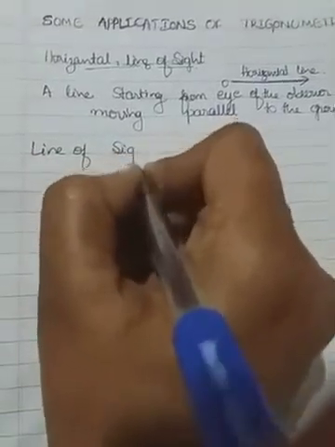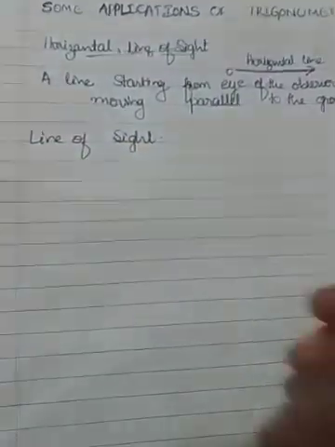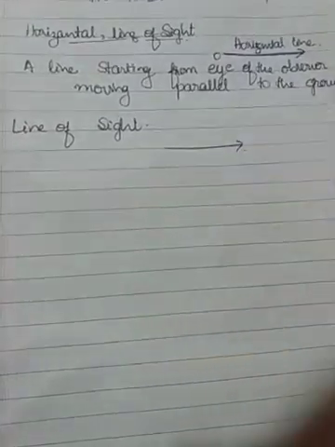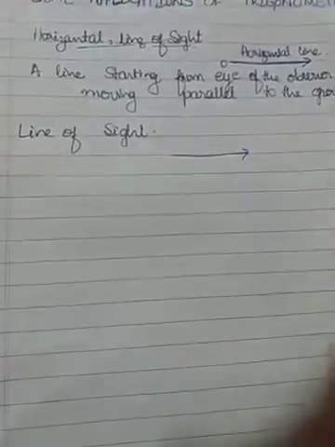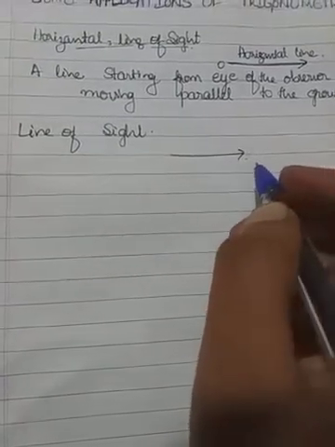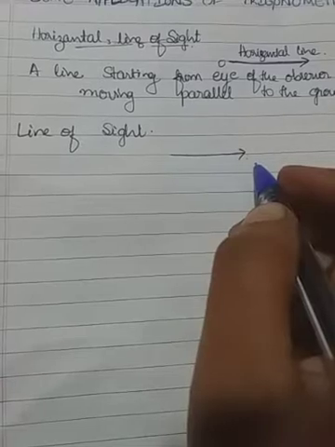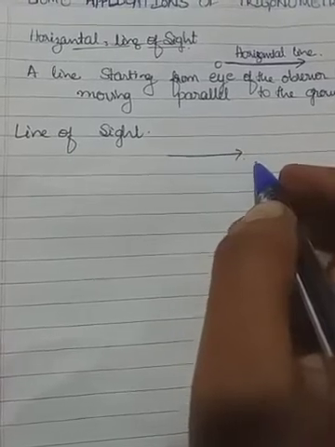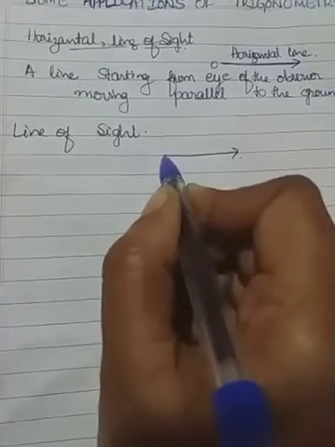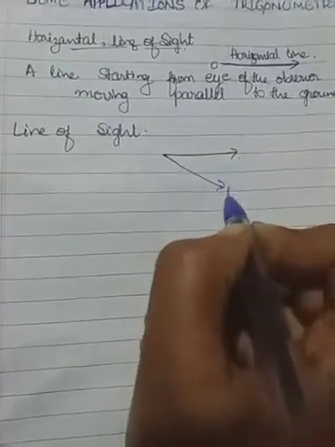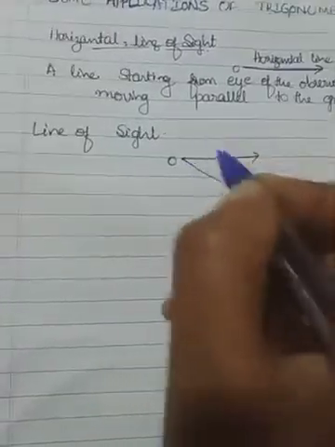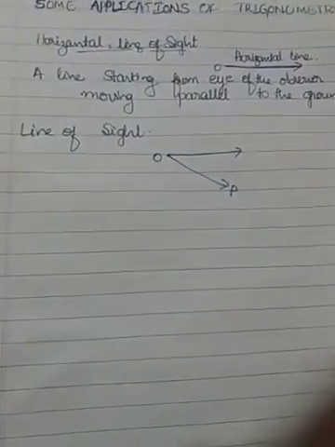What is meant by line of sight? We took the horizontal line, which moves from the observer parallel to the ground. The line of sight to the object is the line from the eyes to the object we are looking at. From the observer to the object, if the object is at P here, to wherever the observer is looking, that is called the line of sight.